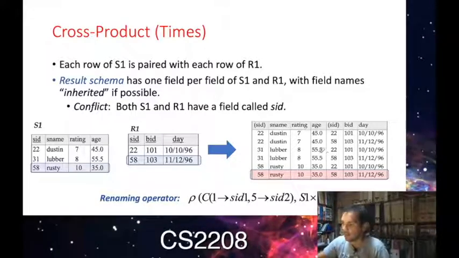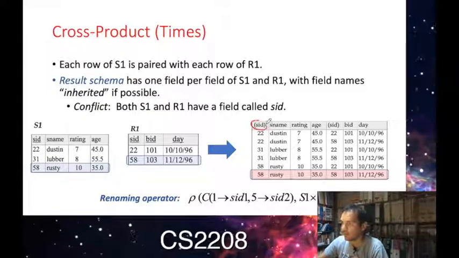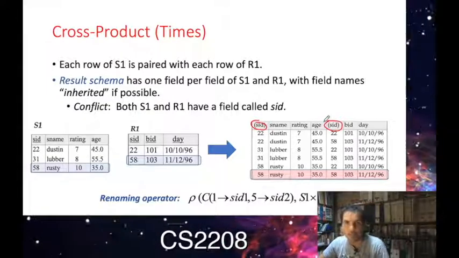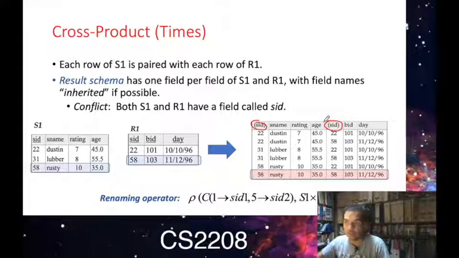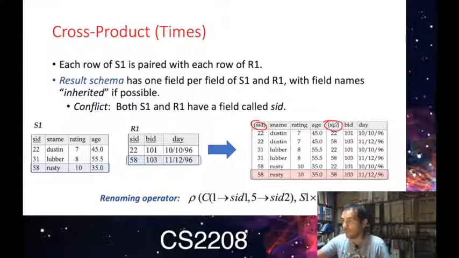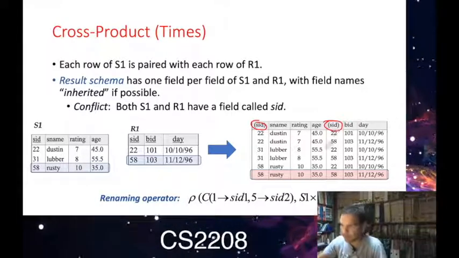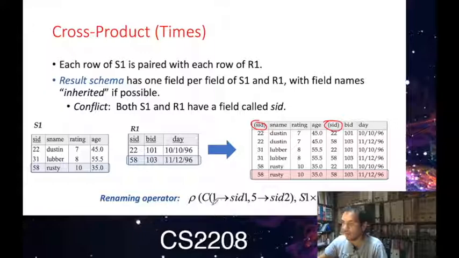Sometimes we are going to have two attributes that have the same name, so it would be difficult to know which one we are referring to in the future. If we want to handle this, we can rename.